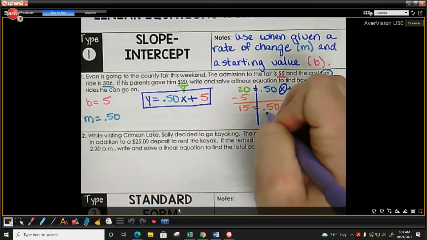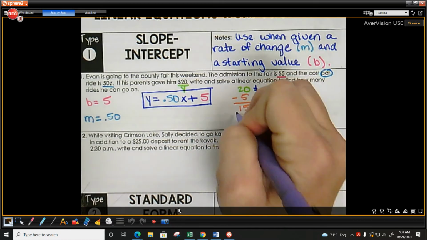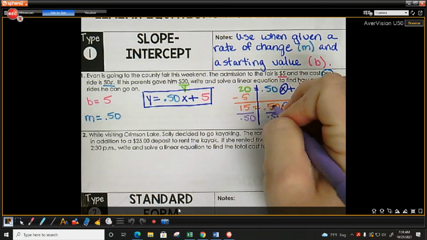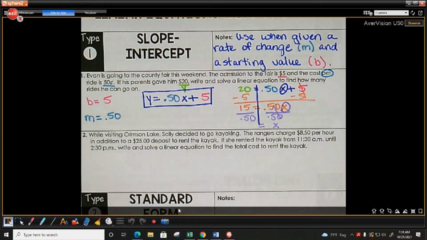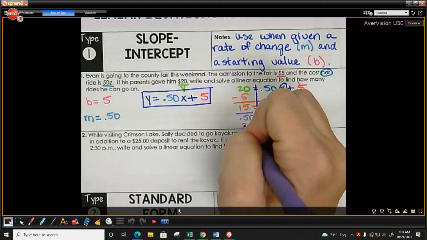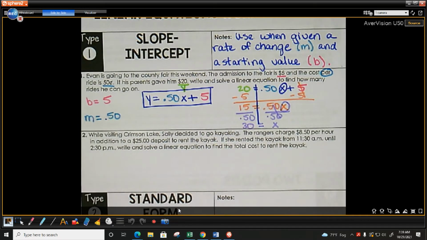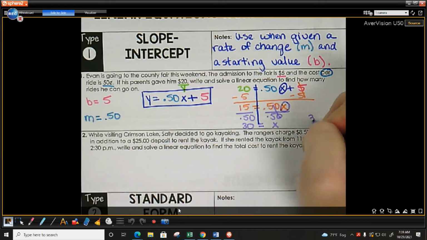Divide by 0.50. And we get x equals, what's 15 divided by 50 cents? 30. So how many rides can he ride? 30 rides.